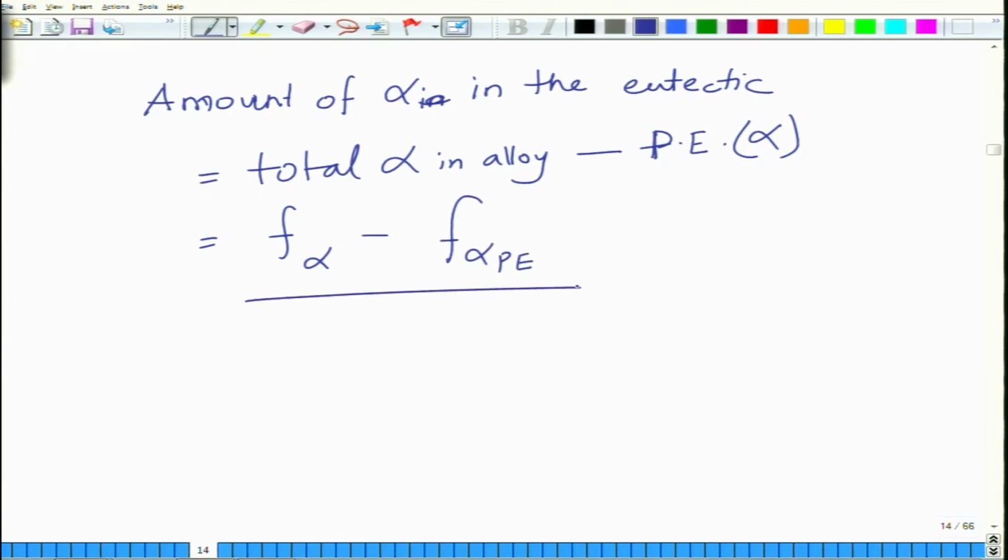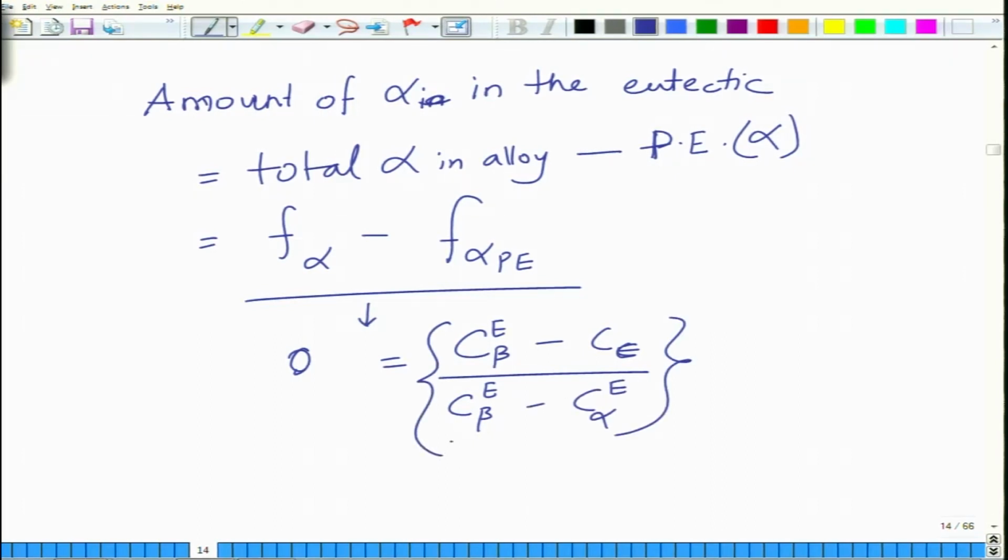This is how you determine it, and you can also determine it just by doing the following, and this should work out to be the same. The alpha in the eutectic will be the same as C beta eutectic minus C E divided by C beta eutectic minus C alpha eutectic. So this should be the same as this.